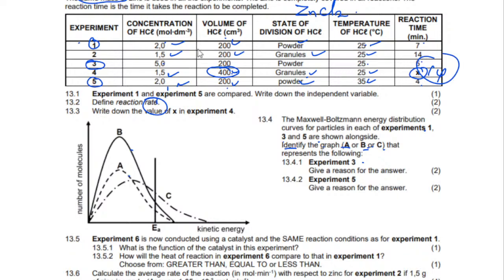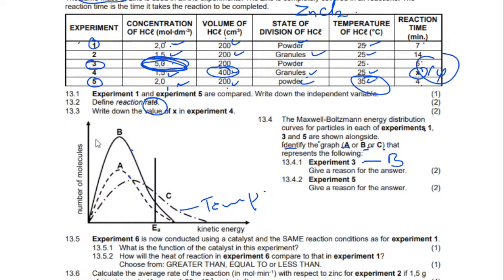Let's look at the concentration of this. Yeah, this one has a higher concentration, and this one has a higher temperature. If I say temperature, you see that is going to fall more on this side. So definitely C is going to be for temperature, which has the highest temperature. And the one with more particles is going to be the one with the highest concentration. So basically 3 is going to be B, because it has the highest concentration.